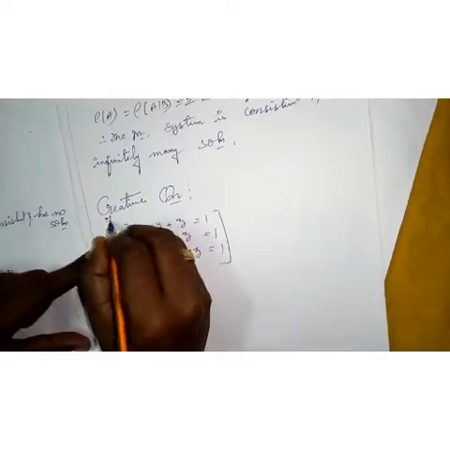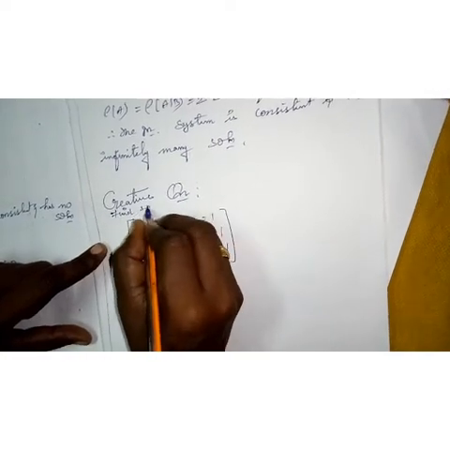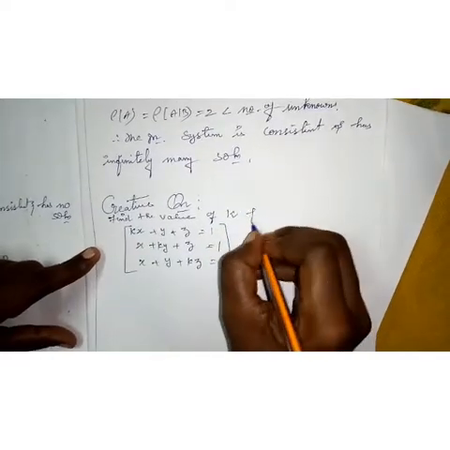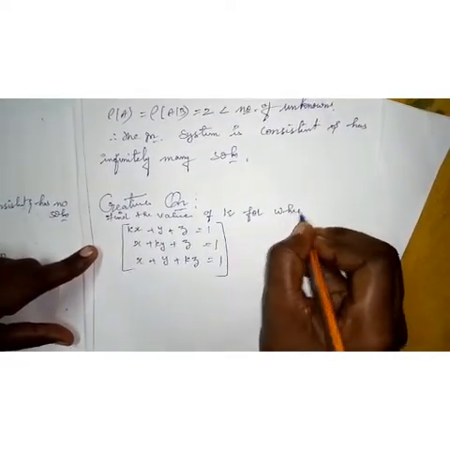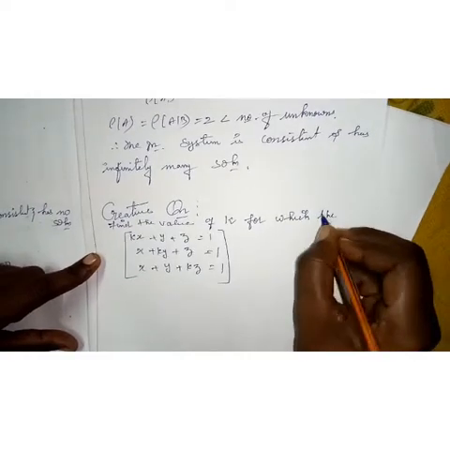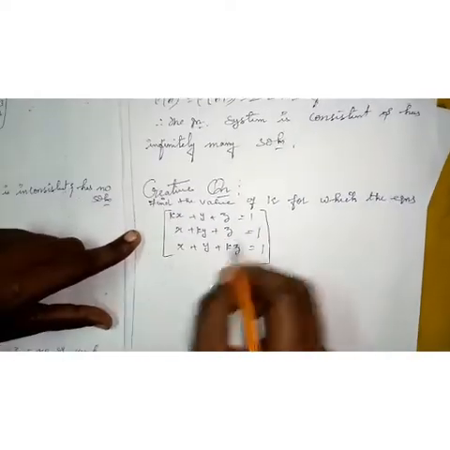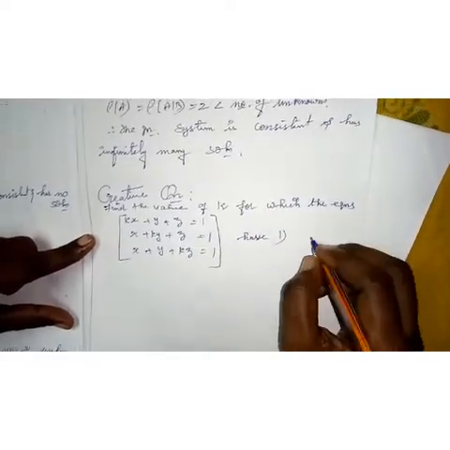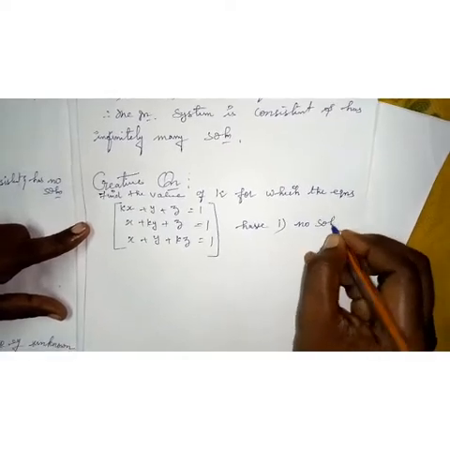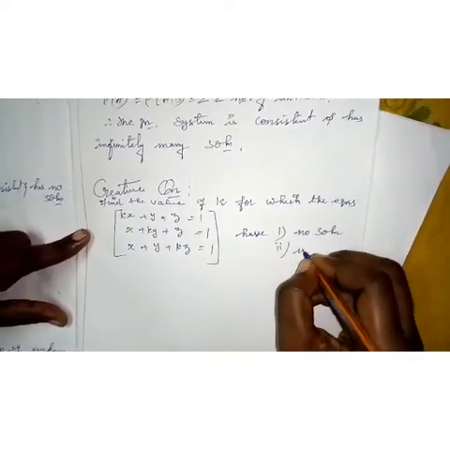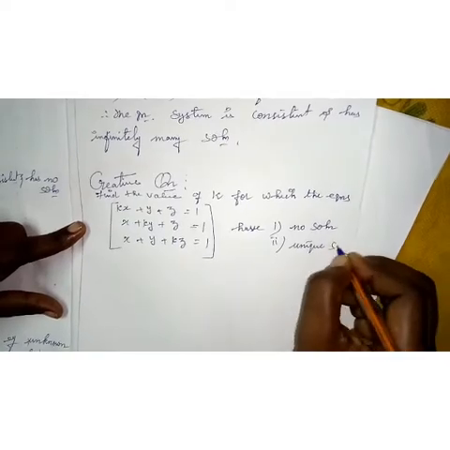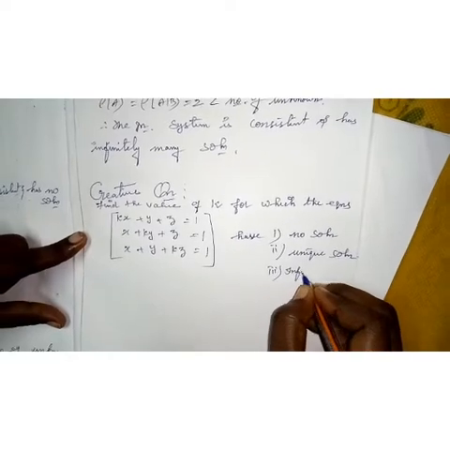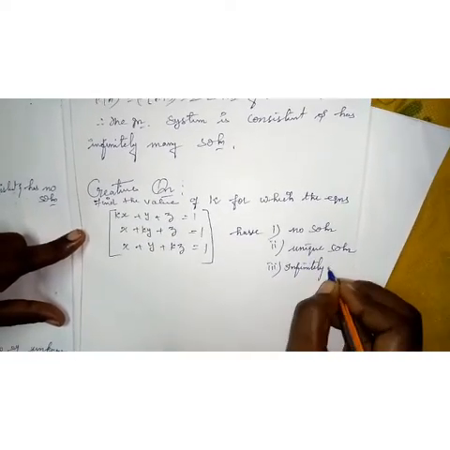Find the value of k for which the equations have number 1, no solution, number 2, unique solution, number 3, infinitely many solutions.